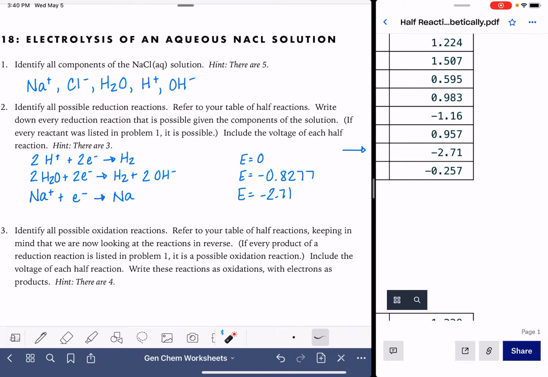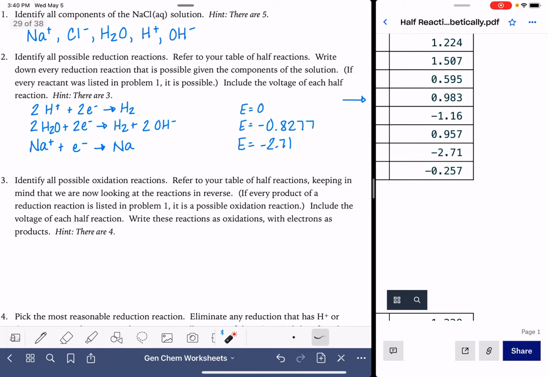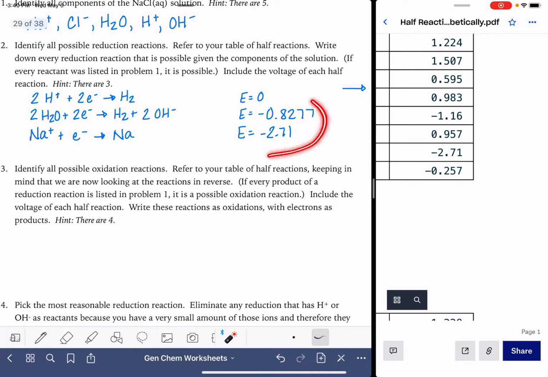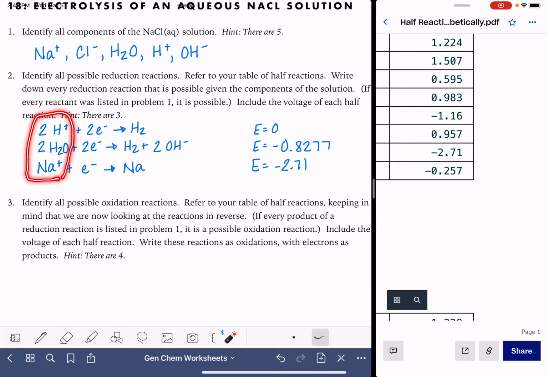What we're going to do next, even though we're going to skip over this problem number 3, is pick which one of these 3 possible reduction reactions actually occurs. To do this, we're going to begin by analyzing the likelihood of each one of these reactions taking place, focusing on the actual chemicals that are reactants.